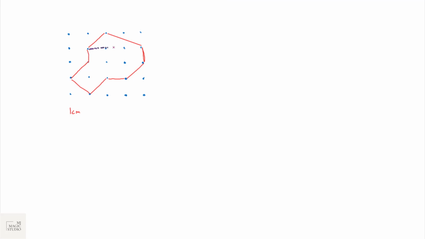If I join this, the area of this particular triangle would be, this is 1, 2, 3, half into 3 into 1, that is 1.5. Then we have this rectangle, 3 into 1, that is 3 square centimeter. Then this particular triangle, half into 2 into 1, that will give us 1.